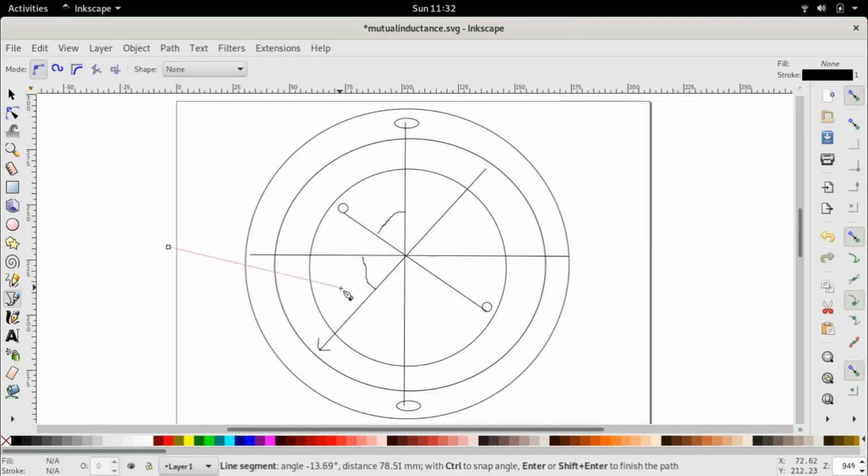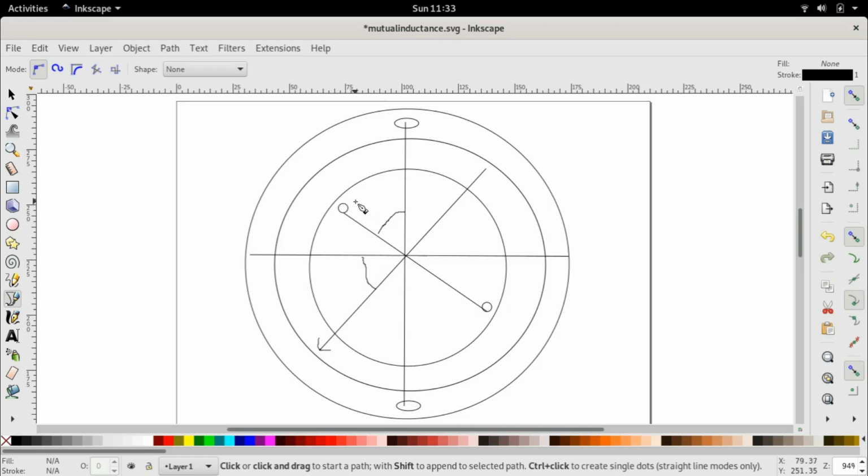Then the projection of the rotor flux on this horizontal line will be the flux linking with the stator. And it is quite obvious that at certain positions, for example, if this rotor axis were vertical, then the linkage is maximum, because the rotor flux is horizontal, the angle is 0, and therefore the linkage is maximum.